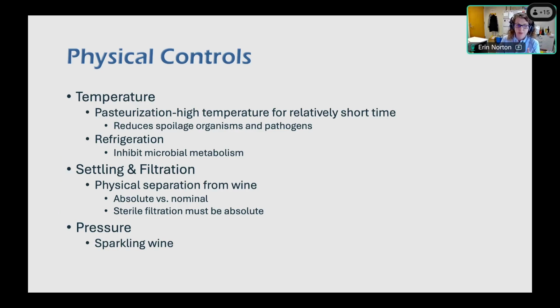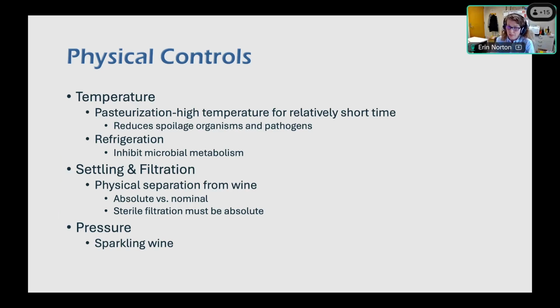And again, refrigeration, we use cold temperatures a lot to inhibit microbial metabolism. Just know that if you are refrigerating your juices or wines, do bring them up to a decent temperature, 60 plus Fahrenheit, before doing any filtration or racking or things like that, because at cold temperatures you are going to pick up much more dissolved oxygen.